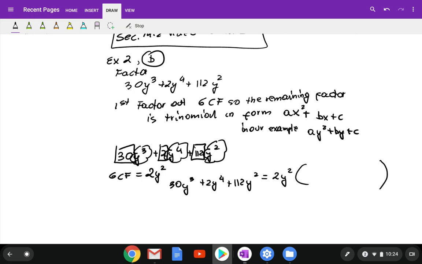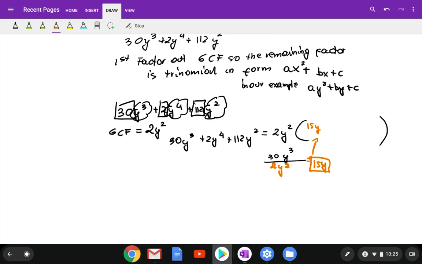You take your original 30y to the third power and divide that by the GCF, 2y squared. 30 divided by 2 gives you 15. Y to the third power divided by y squared is y. So that 15y goes inside the parenthesis.